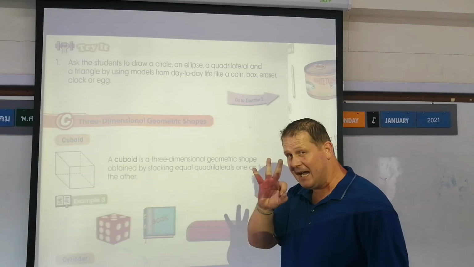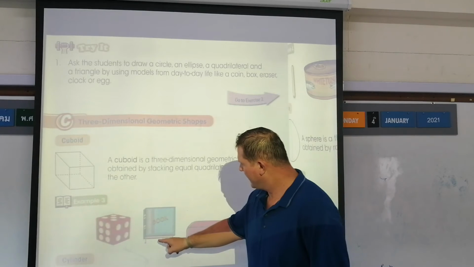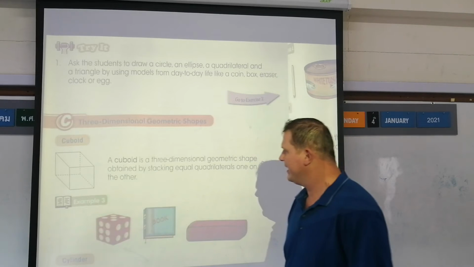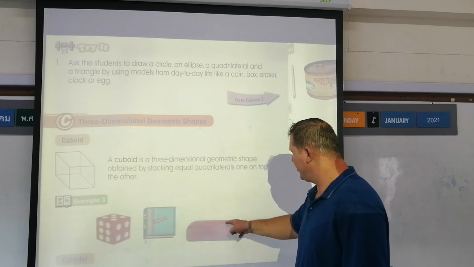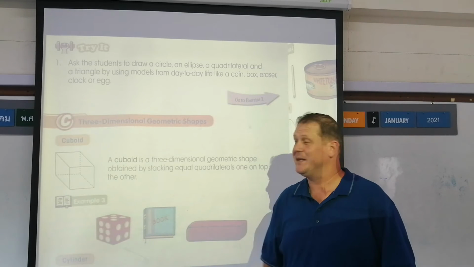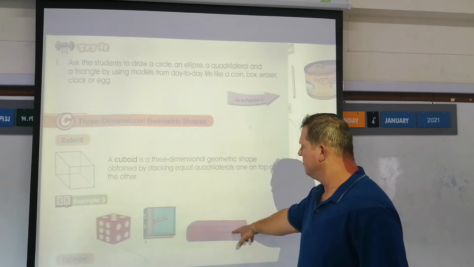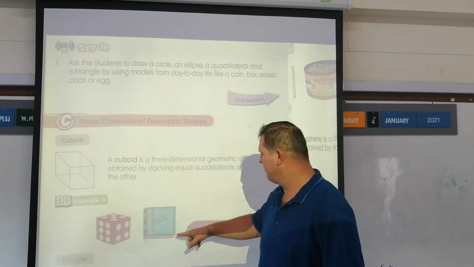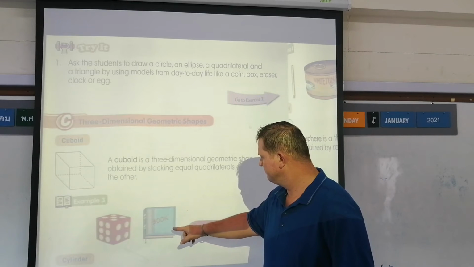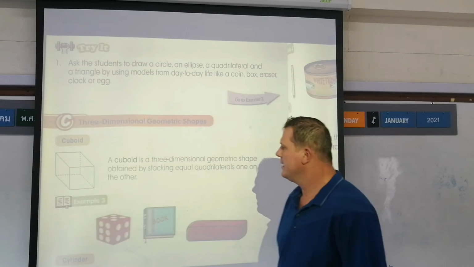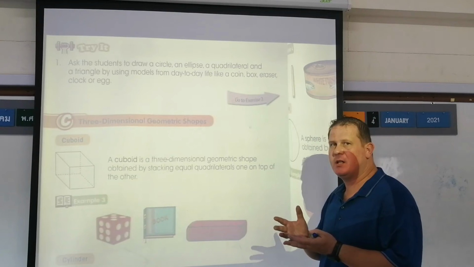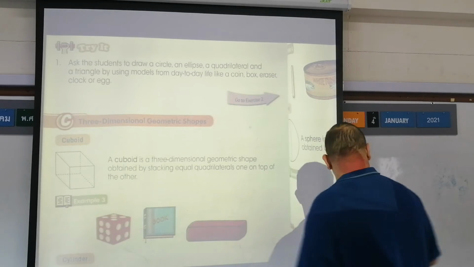You can see 3 sides. Rectangle, square, cube, becomes a 3-dimensional, becomes cuboids. Alright?